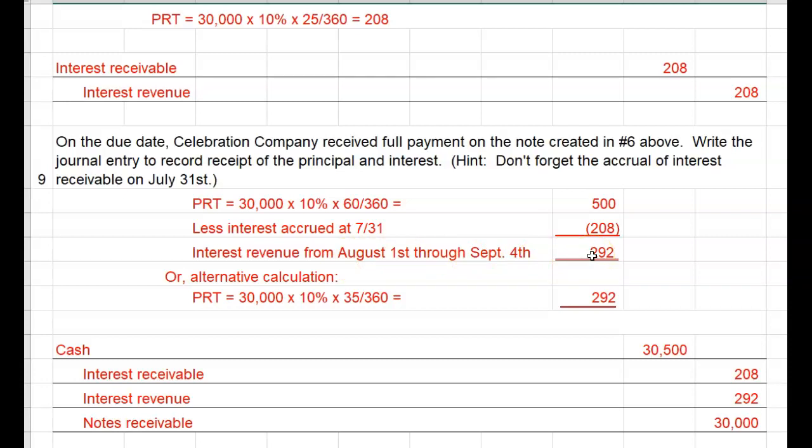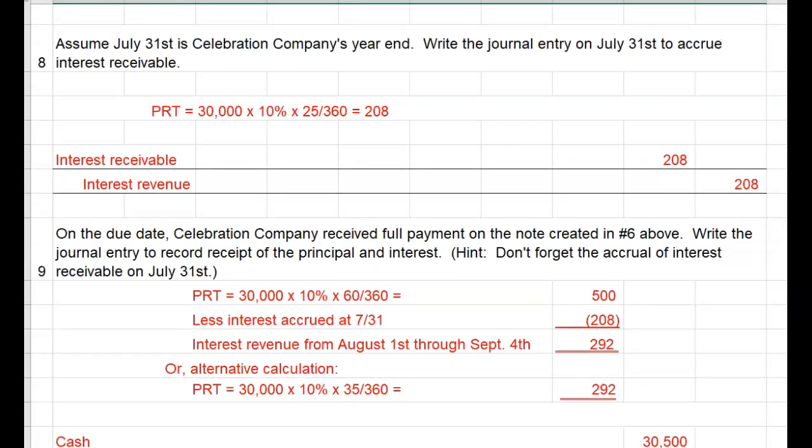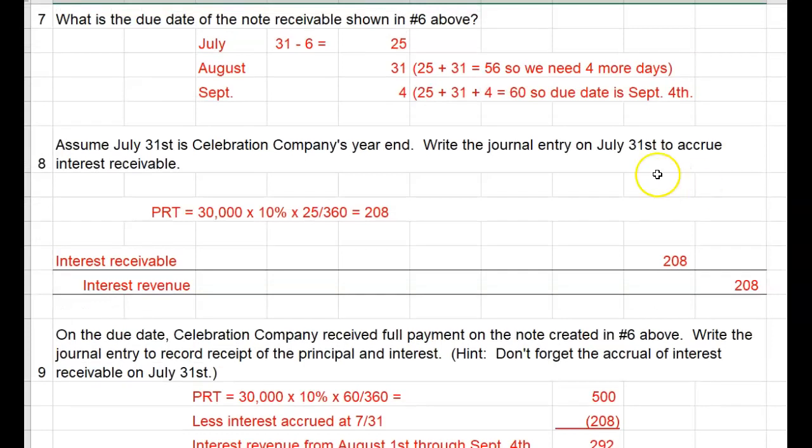An alternative calculation is principal times rate times time, where $30,000 is the principal, that's the same. Interest is the same. The time, we could say, okay, well, how many days are in the new year? August has 31, and payment was received on September 4th. 31 plus 4 is 35 days in the new year.